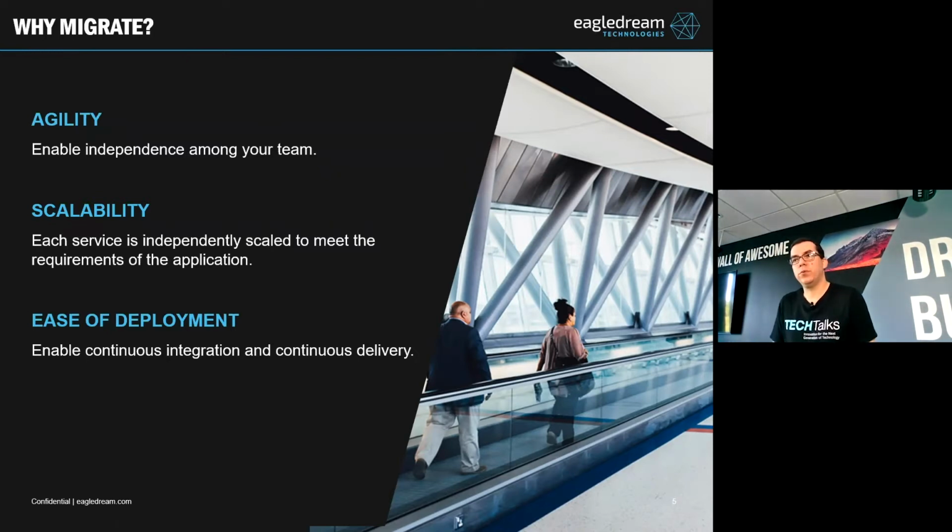Scalability is another great point for this, because these little sections of your application are running independently, more than likely in the cloud, in AWS. And the services on which these run can scale, whereas in a monolithic application, if you have it in a data center, you have to allocate more resources to that.